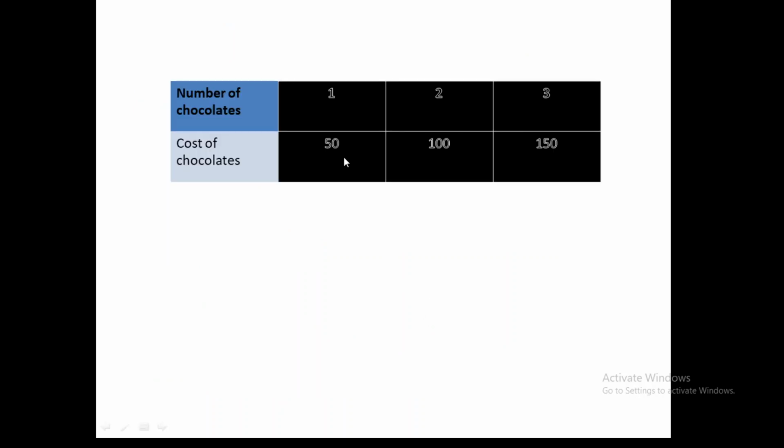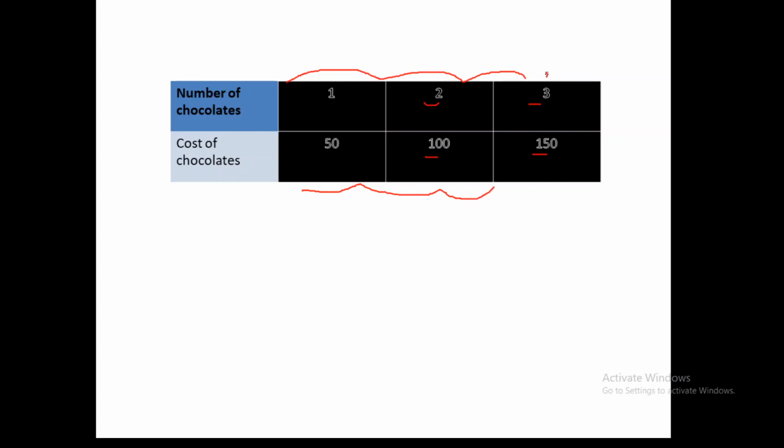Look at this. If we purchase one chocolate, we have to give 50 rupees, right? Then for two chocolates 100 rupees, three chocolates 150 rupees. Here one quantity increases, the other also increases, right?